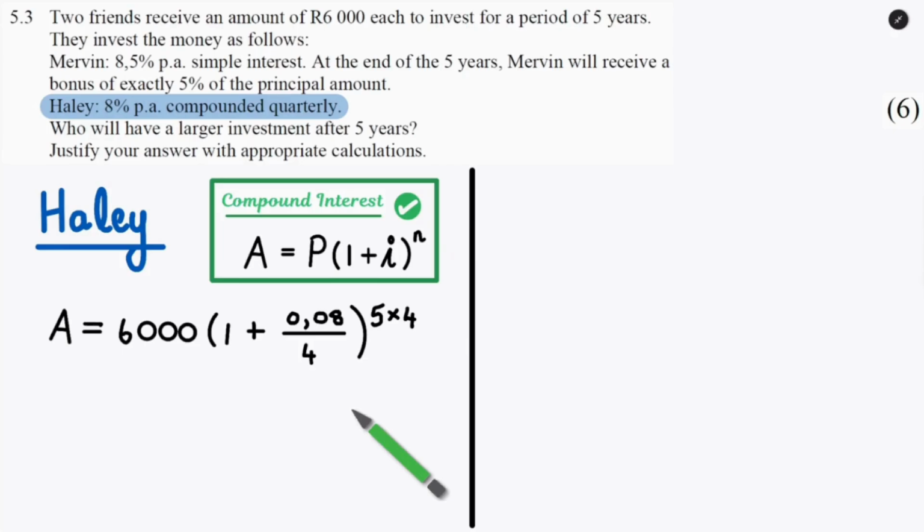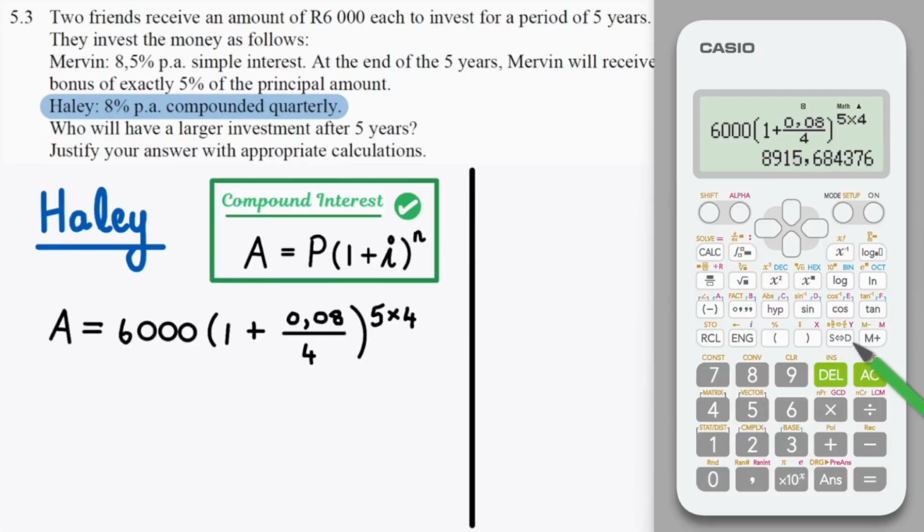And then we're going to pop that in the calculator quickly. Our calculator just gives us something shy of 9,000 bucks. So now we know that Haley will be receiving just under 9,000 Rand for her investment. Now let's focus on Mervyn.